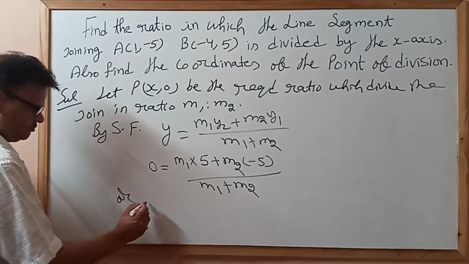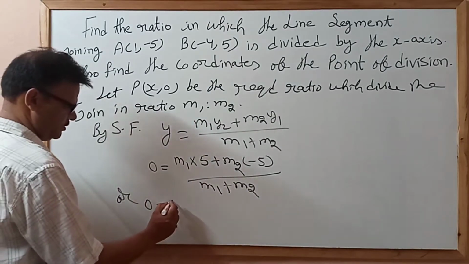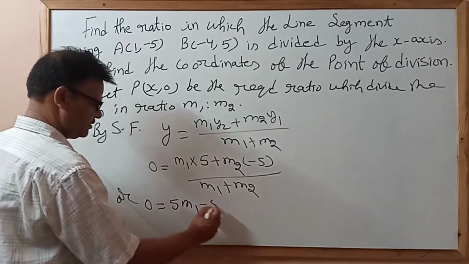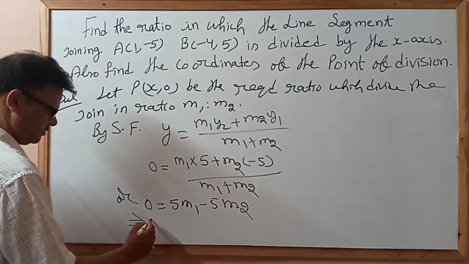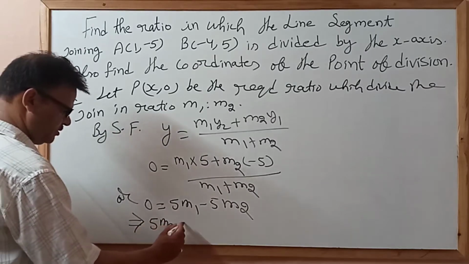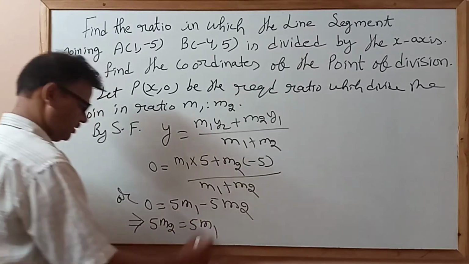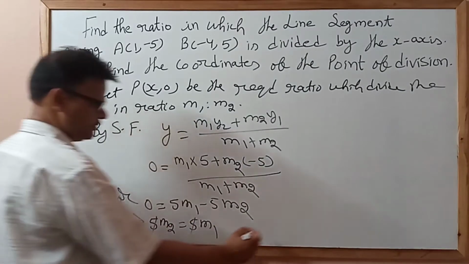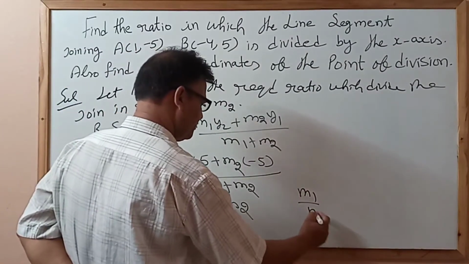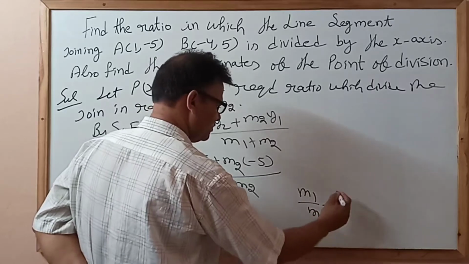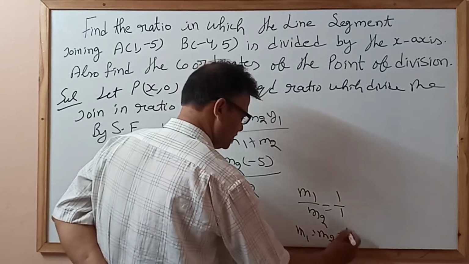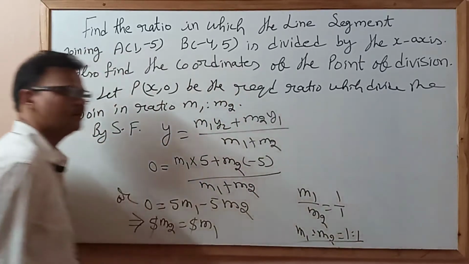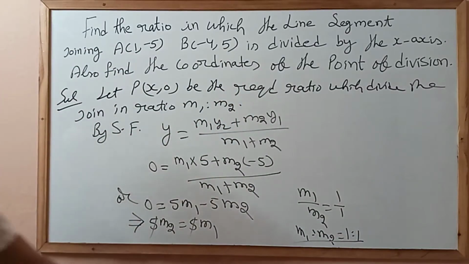So 0 is equal to 5 m1 minus 5 m2, that is 5 m2 is equal to 5 m1. 5 we cancel. We get m1 over m2 is equal to 1 over 1, that is m1 ratio m2 is equal to 1 ratio 1. So the required ratio is 1 ratio 1.